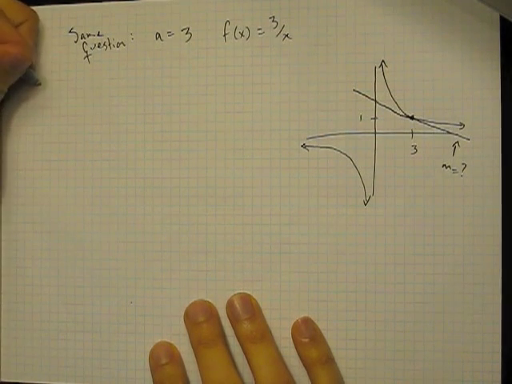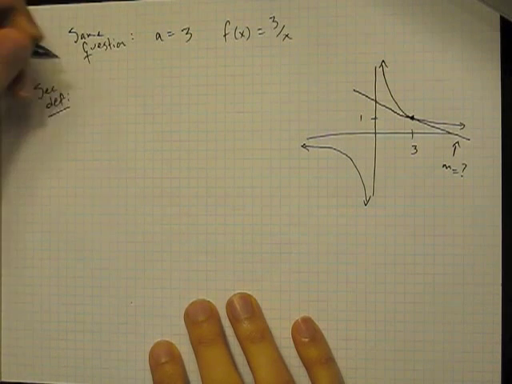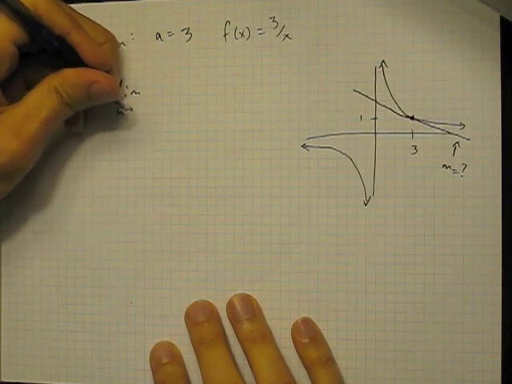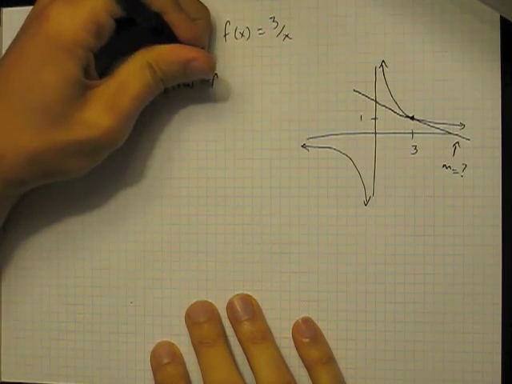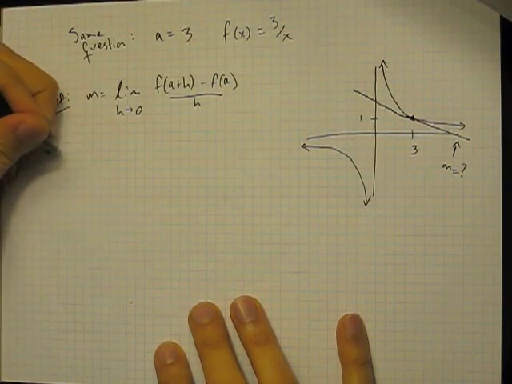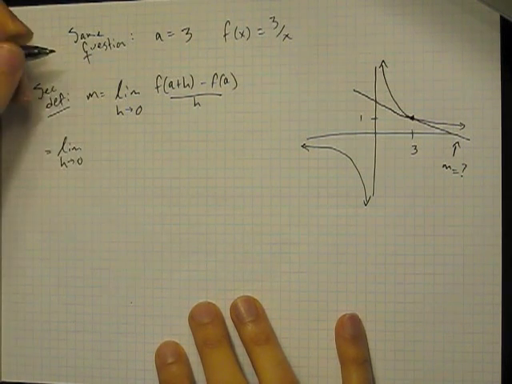Okay, so let's use our second definition. And that was m is equal to the limit as h goes to 0 of f of a plus h minus f of a over h. We substitute in what we know here. We're taking the limit as h goes to 0.